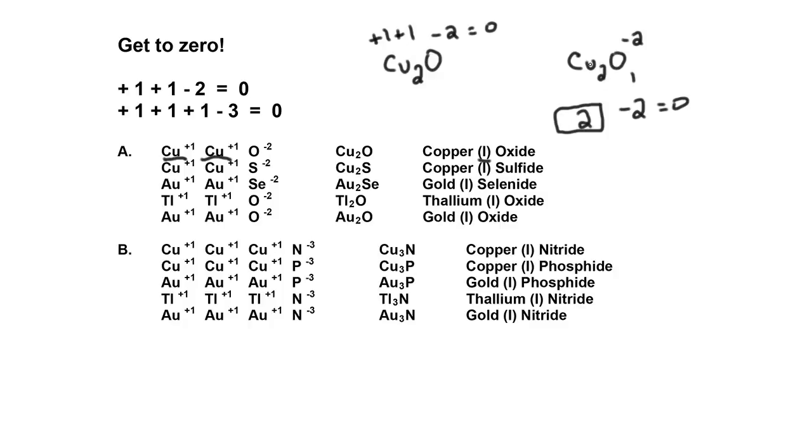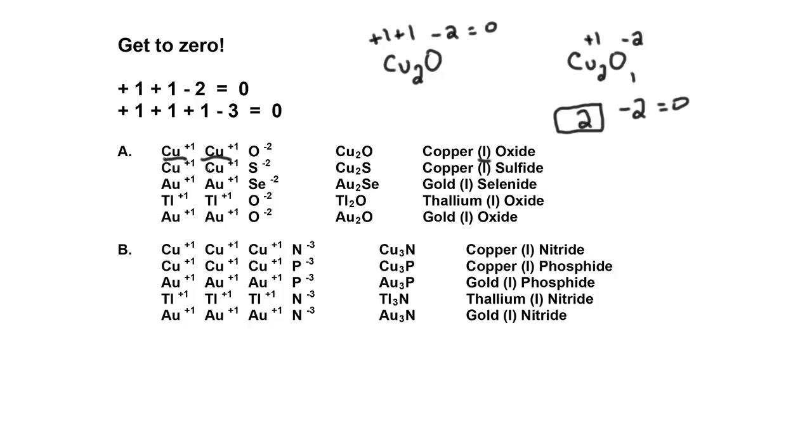This copper, we have two of them, something times 2 is a positive 2, and so that something has to be a plus 1. So we know that we're working with copper 1 oxide. There are some tools there to help you clarify which copper you're using. But you needed to know that copper has more than one in the box, therefore we must use that Roman numeral. Other than that, it's the exact same as we did last week.